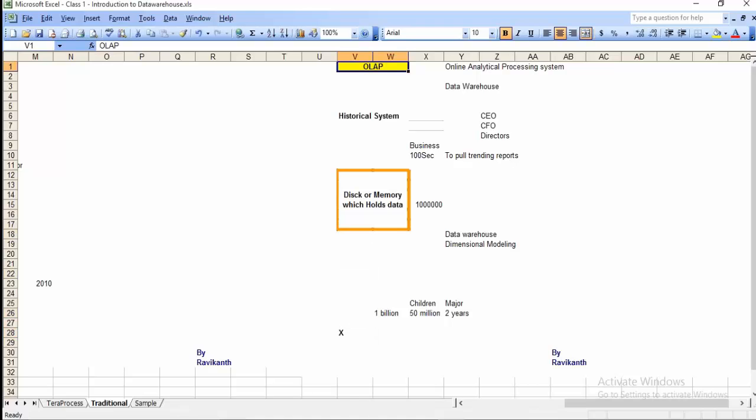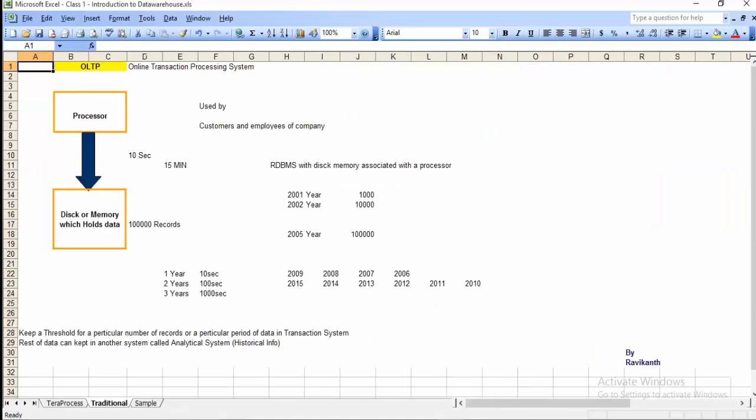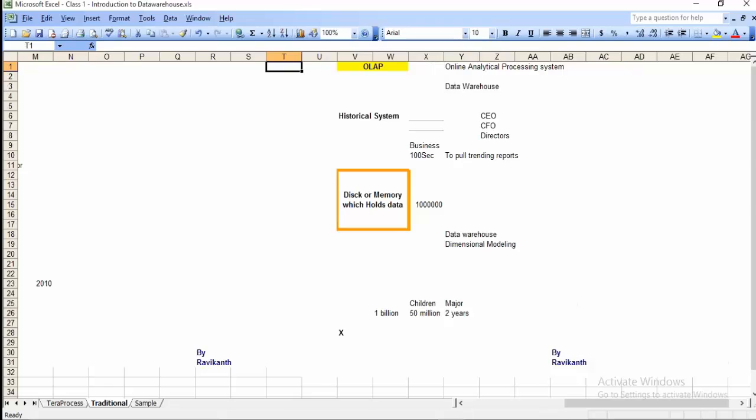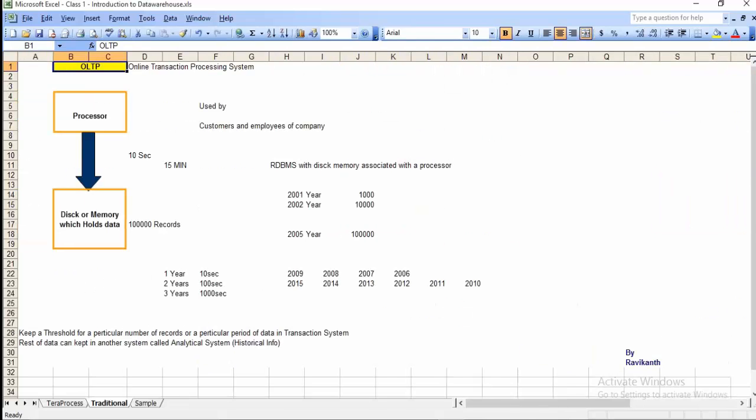Okay, so now you understand the exact difference between the online transaction processing system and the online analytical processing system. So what is happening here? See, the online transaction processing system is a live system where, whenever a new customer joins, the record is getting updated.